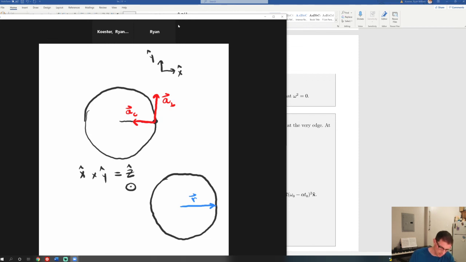Let me get rid of that, because that's not correct. I don't want to erase the whole thing, I just want to get rid of this and this. So actually, thinking about it intuitively, the way that it should point is like this, right? Because this thing is rotating counterclockwise, but we already said that its rate of rotation is slowing down, right?